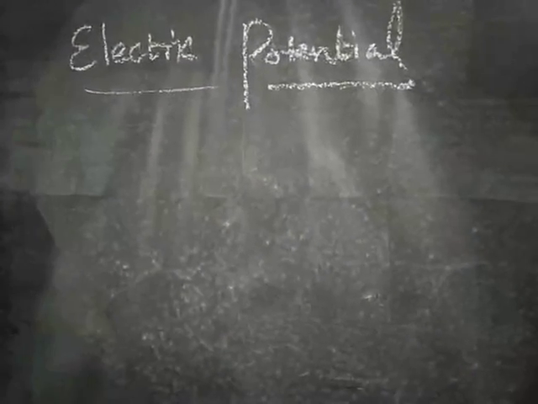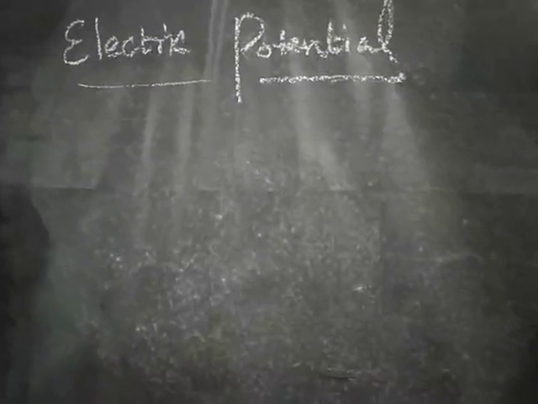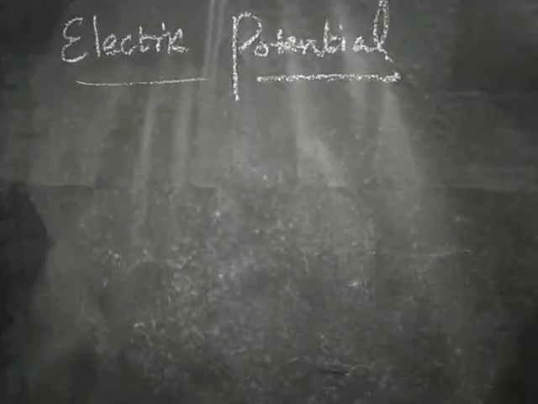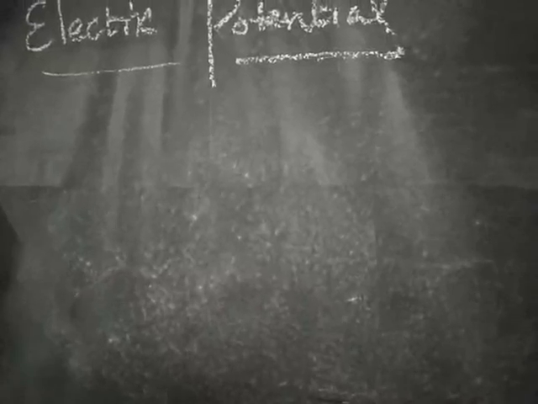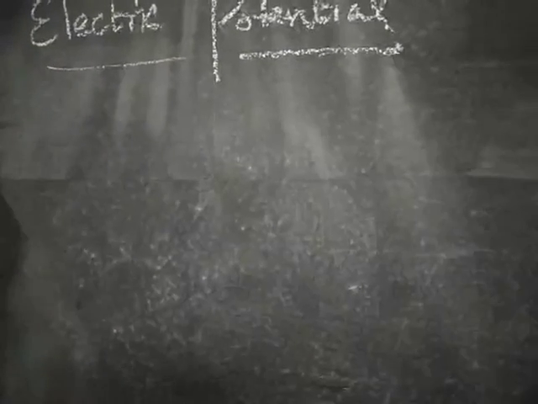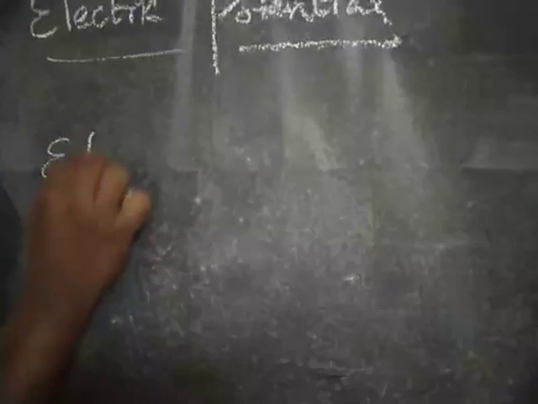Electric potential is a measure of the work done on a unit positive charge to bring it to the point, against all the electric forces. This is the definition for electric potential.